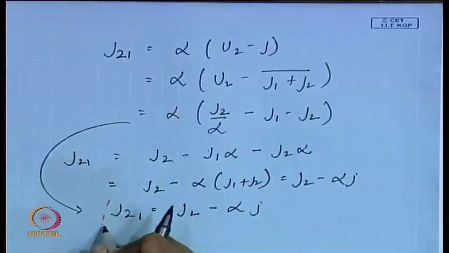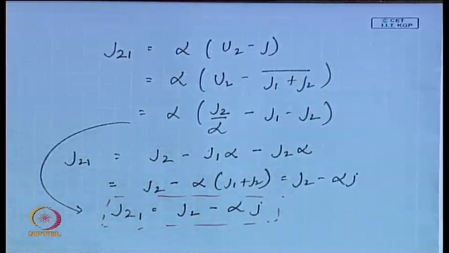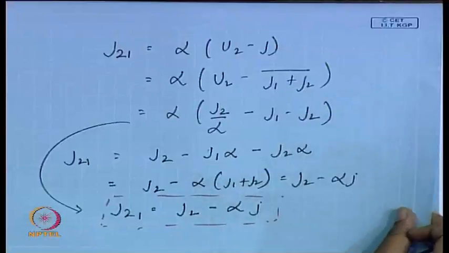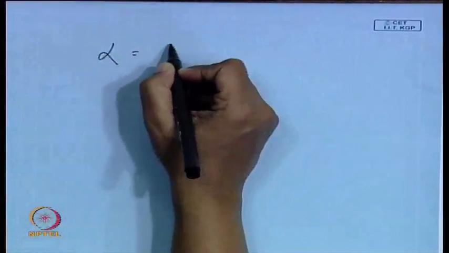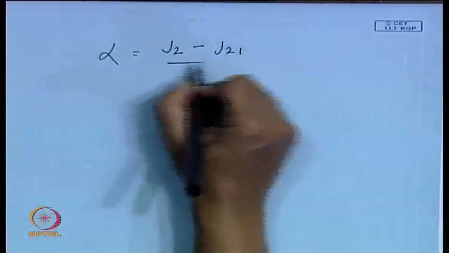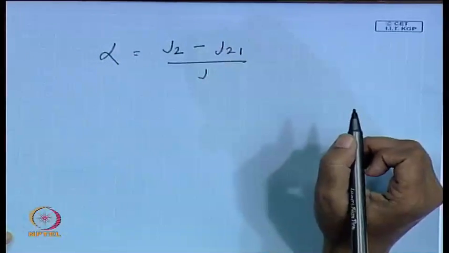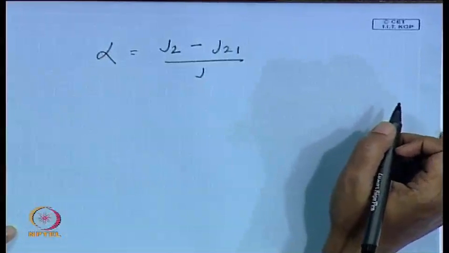Now, from this particular equation, what is the value of alpha that you get? Alpha equals, just derive the value of alpha from this expression and see what you get. Alpha will be equal to J2 minus J21 by J, right. Now, what is the homogeneous value of alpha, can you tell me?